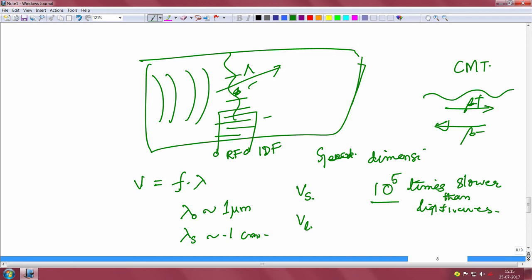So, because of the difference in the velocities, the wavelengths differ by the order of 10 power 5.